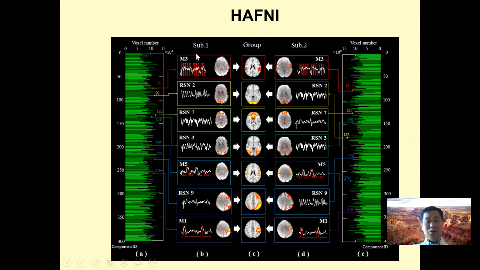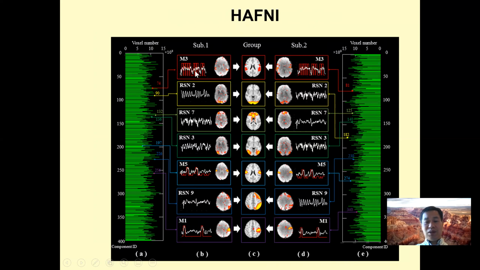If we look at the brain network template, represented by this group column, and the individual brain networks decomposed through sparse coding in two subjects, subject 1 and subject 2, we can find the correspondence if we use task-based fMRI data as the input.